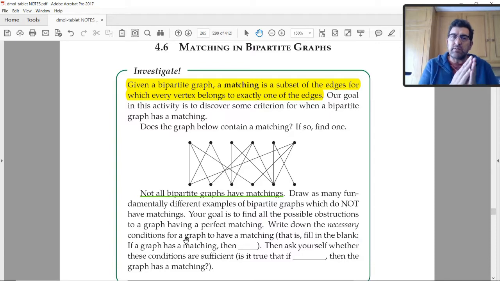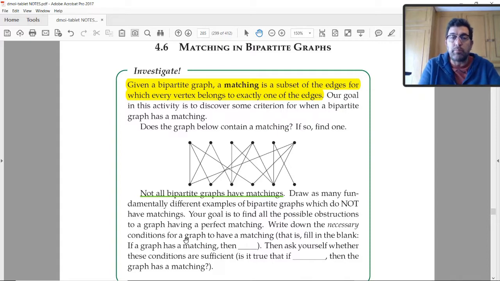And as we select edges, we are not going to repeat vertices. Okay, so a vertex in one set cannot belong to two edges which are mapped into the other set. Okay, so unique mappings here.